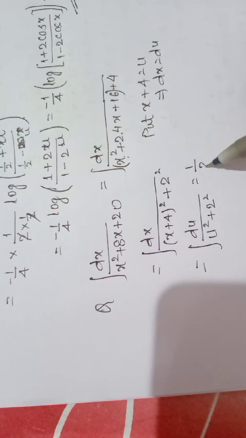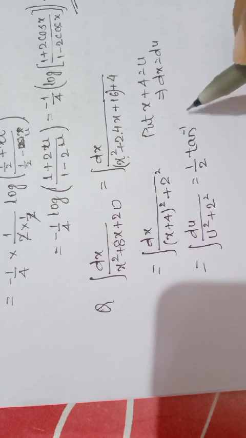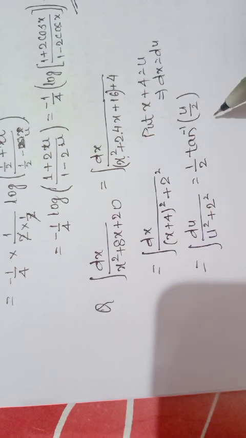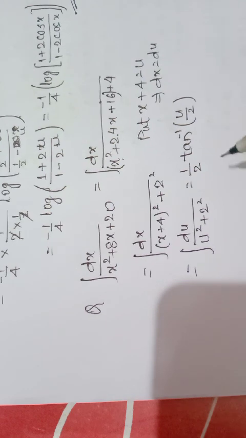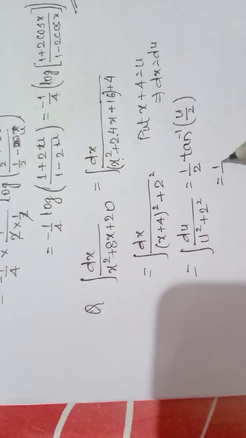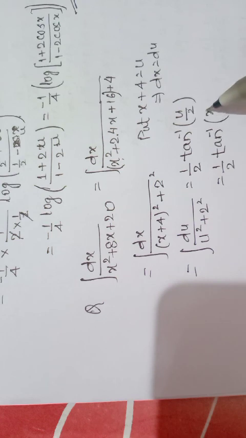Here a is 2, so it is 1 by 2 tan inverse u by 2. Our u is x plus 4, so it is 1 by 2 tan inverse of x plus 4 by 2, plus integral constant c.